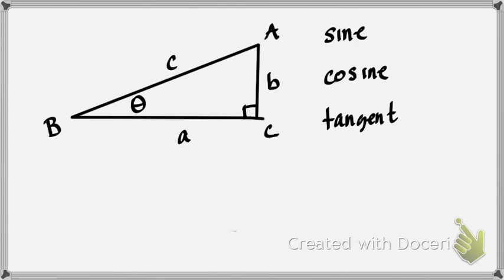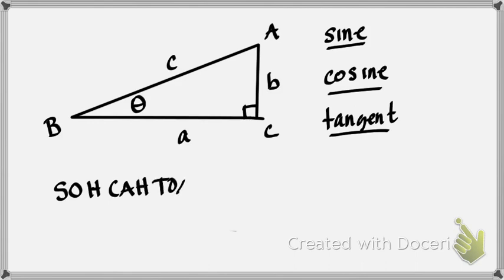And the way we do that is we use a relationship between each one of these functions. If you remember, some people use this little mnemonic called SOHCAHTOA. The S, the C, and the T inside that mnemonic represent sine, cosine, and tangent. And the O and H are the representations of the different side lengths.